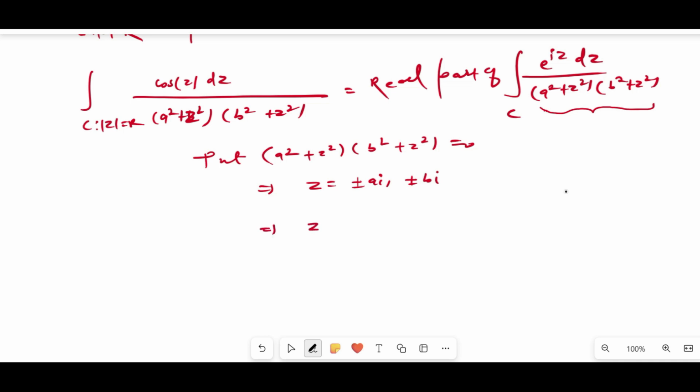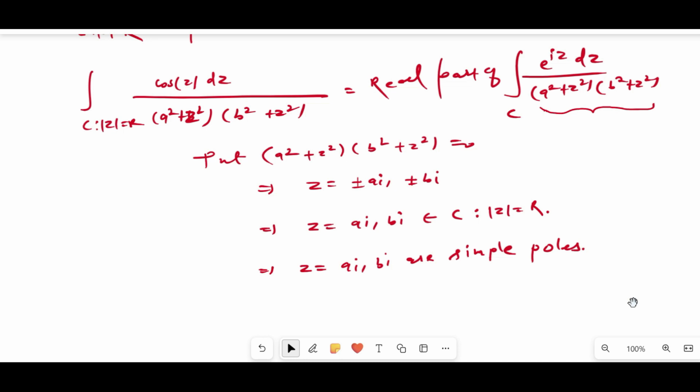It implies the value of z is equal to only ai and bi, which belong to the upper half circle, mod of z is equal to r. So we can say that the value of z is equal to ai and bi are simple poles.